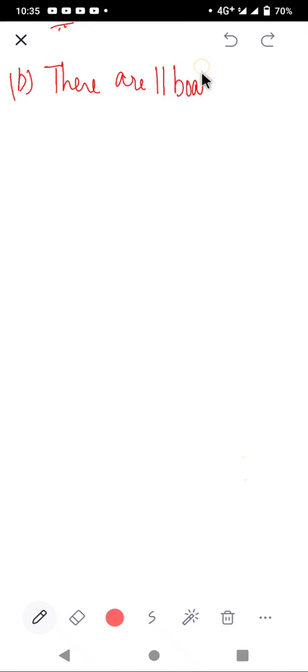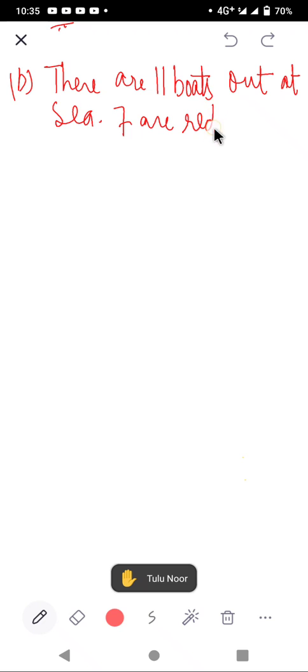What was the second question which I gave you yesterday? There are 11 boats out at sea. 7 are red in color.